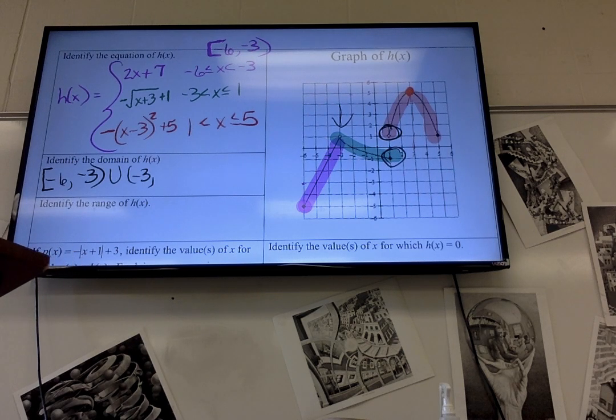But there's not a problem at this one. So if I said, is there a value for h of 1? Sure, it's this one. So it is part of the domain. So it's included. So I keep going. I go to what? 5. And it does include 5.